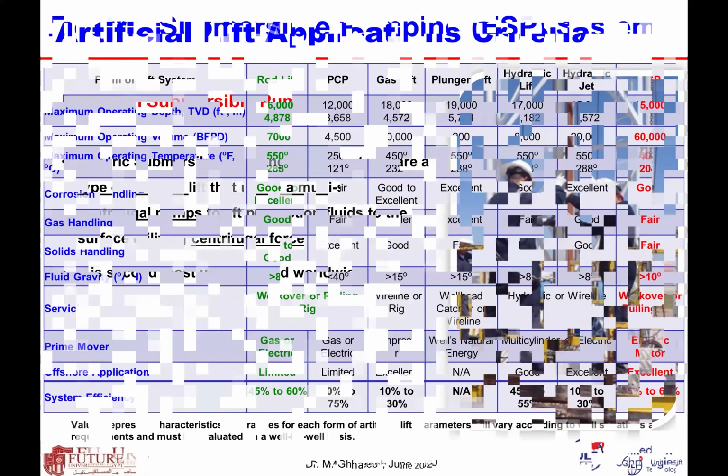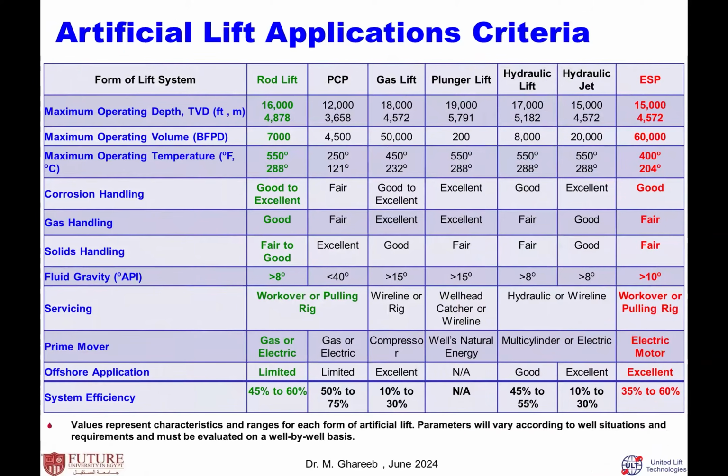ESP, in rough figures, can be used in wells up to 15,000 feet or more in depth. It's really one of the main common artificial lifts for high volume. You can produce more than 60,000 barrels per day if the well is capable of producing this.